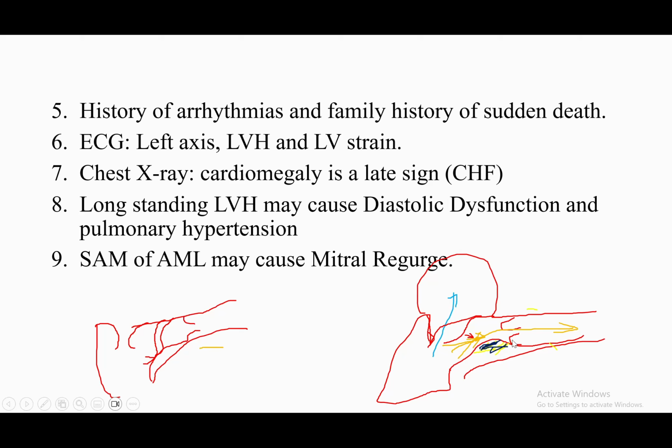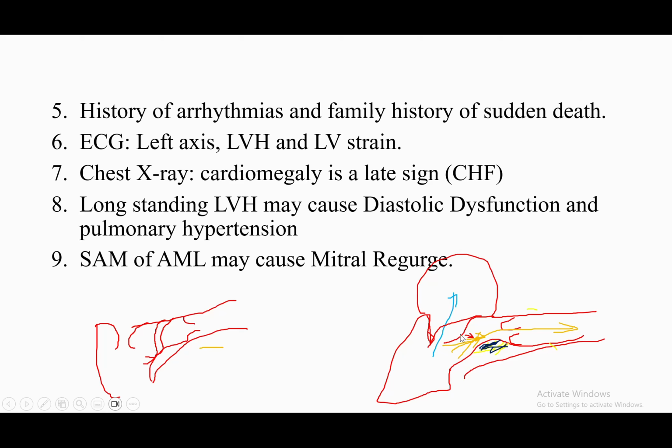When there is subvalvular narrowing, the blood accelerates below the anterior mitral leaflet. This acceleration causes suction, or the Bernoulli effect, in which accelerating blood creates a negative pressure around it, so it pulls the mitral valve, preventing it from closing or from meeting the posterior mitral leaflet.